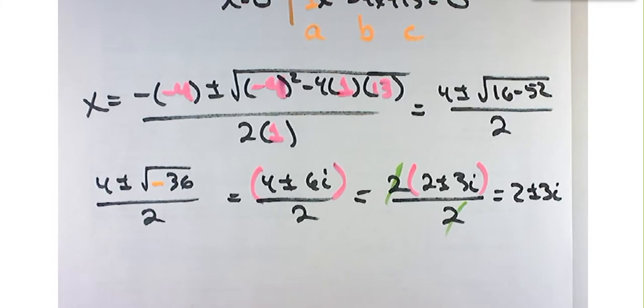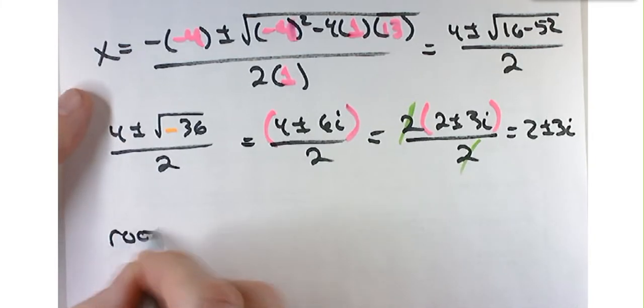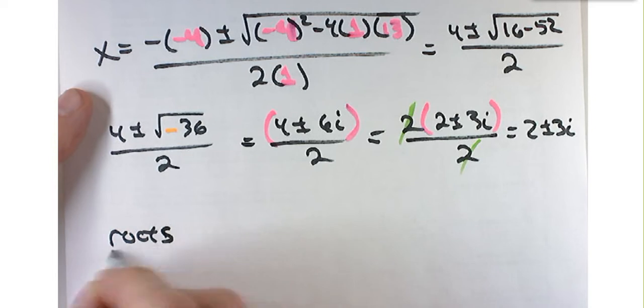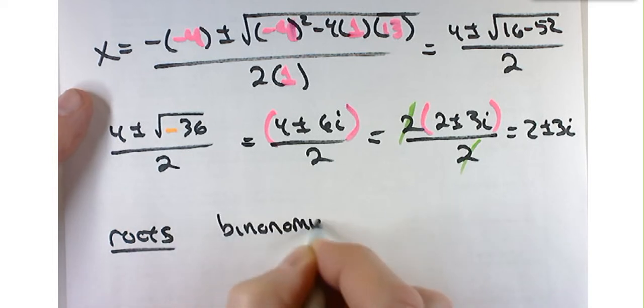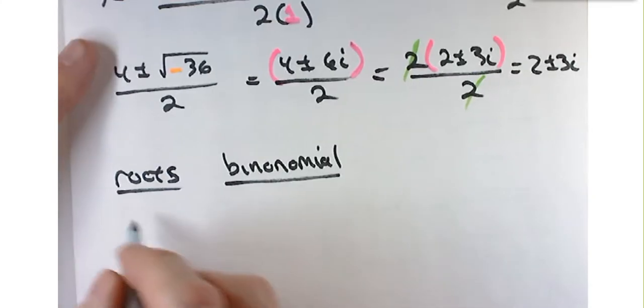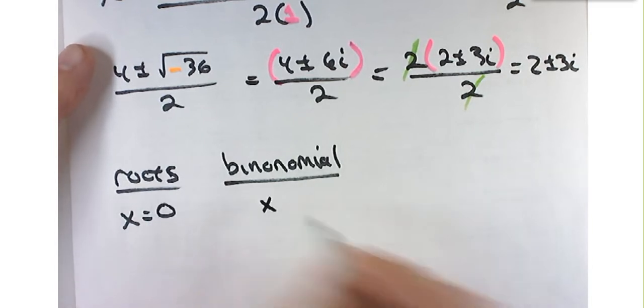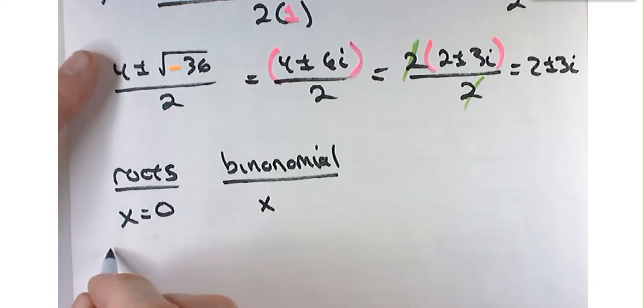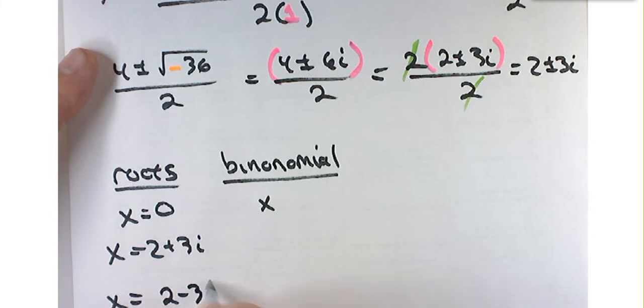Now to kind of backtrack that a little bit and look at the roots, and the corresponding binomial, it's going to look like this. We had a root at 0, so the binomial there I'm just going to write as an x. And I had a root at x equal 2 plus 3i, and a root at 2 minus 3i.